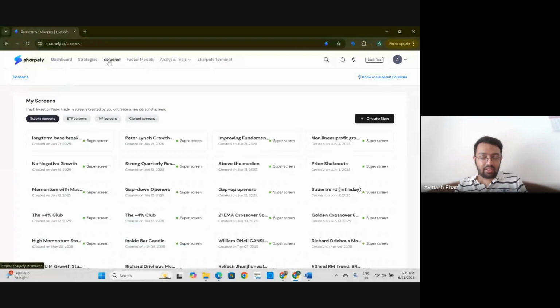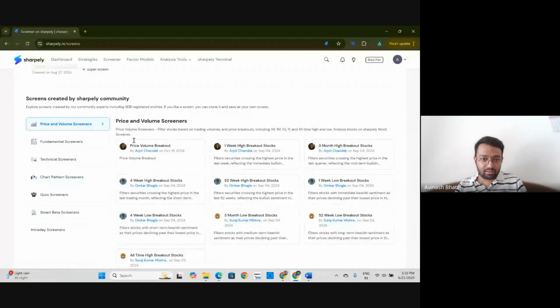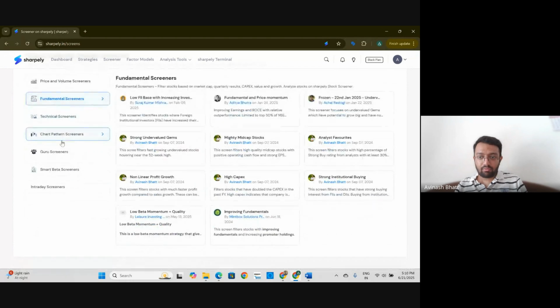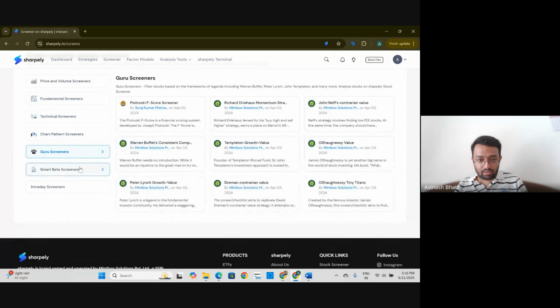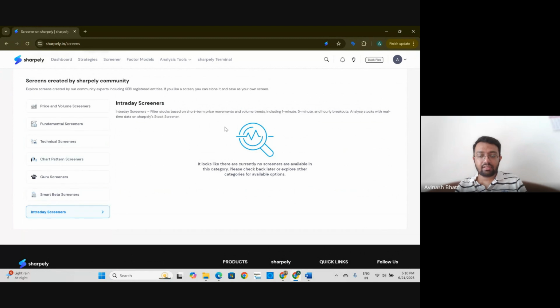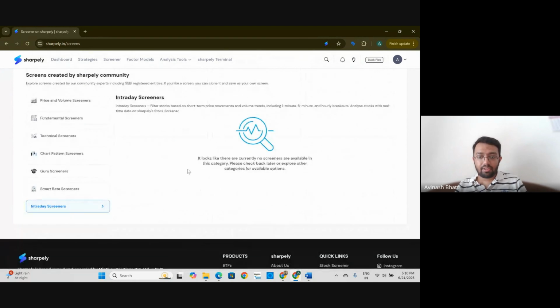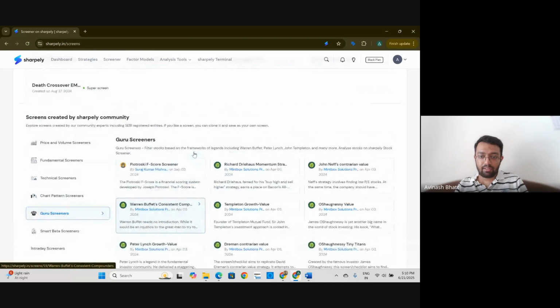Right now in screener, you will find multiple ready-made screeners available in this section. So if you are someone new and don't know where to start, you can use all these screeners. There are examples of intraday as well, but all the intraday screeners are published by me so that I can't see, but in your account you will be able to see screens here, right? So you can check all the ready-made screeners that are available on Sharply.